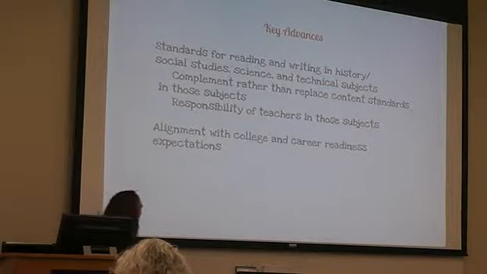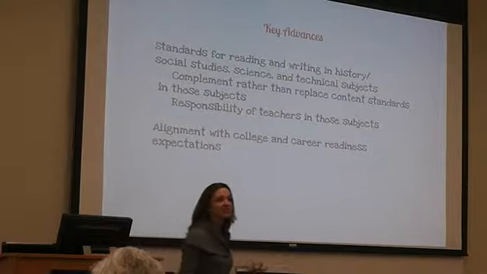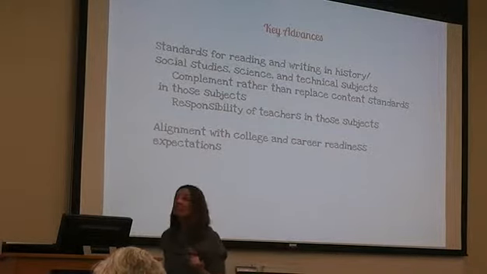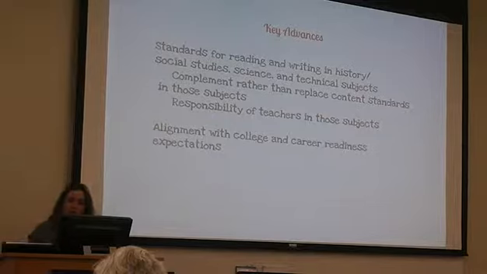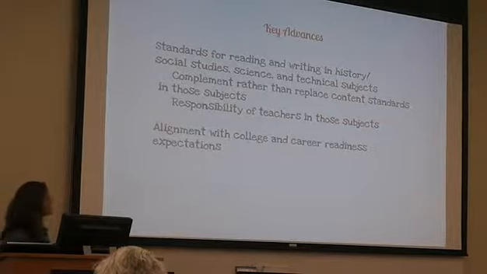We also start to get standards for reading and writing in history, social studies, science, and technical subjects. Science isn't just make sure you know these facts. Science is now you have to be able to write about it as well. The writing and reading piece, the literacy piece, is huge, which is great. And so we've also got more alignment with college and career readiness for history, social studies, and science.